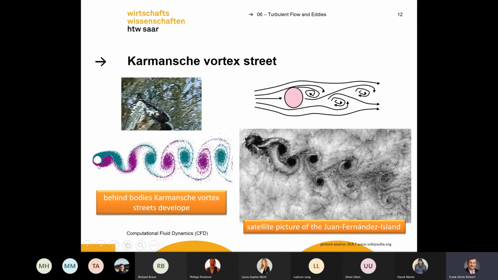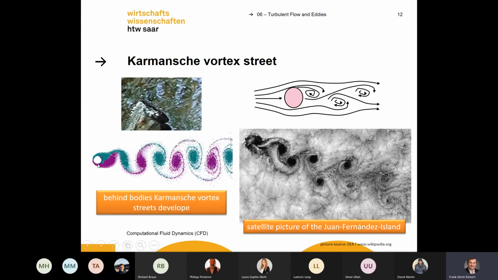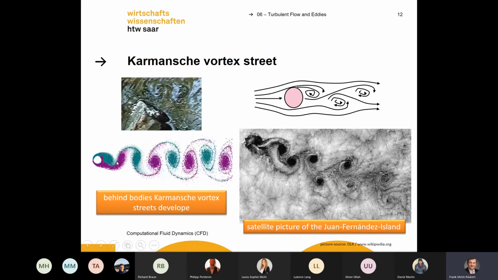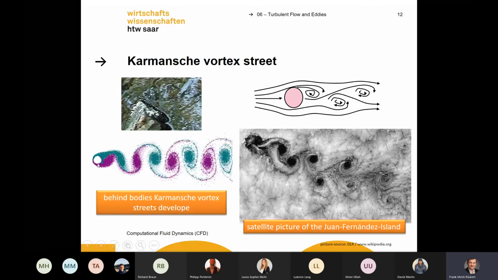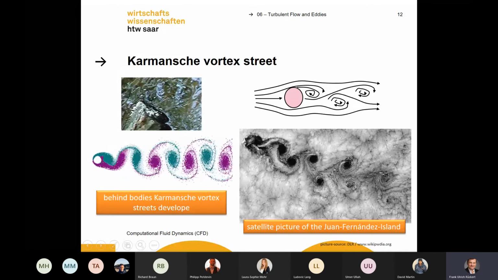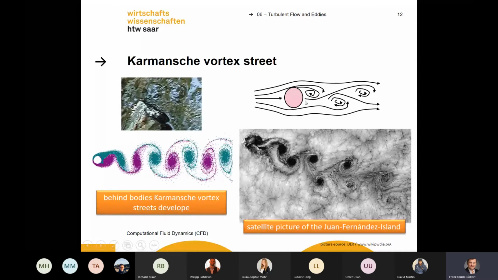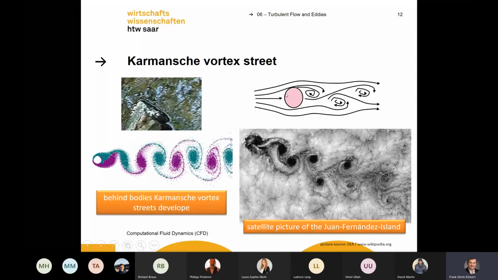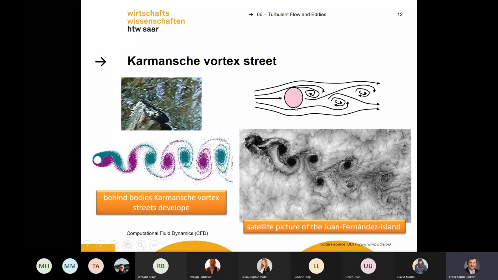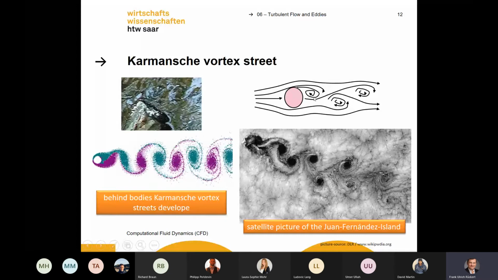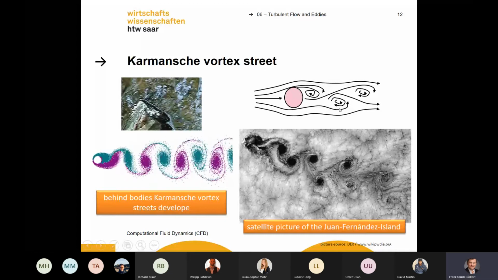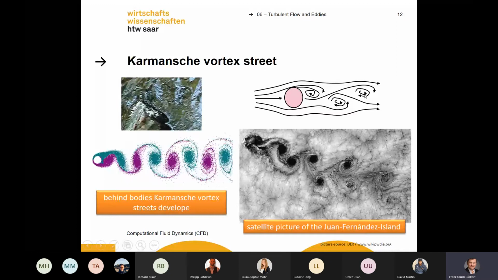You see this kind of Karman vortex street developing after this circle. Or you see it here, you have this ball, you have this stick, and after the stick you see this swirl behavior.